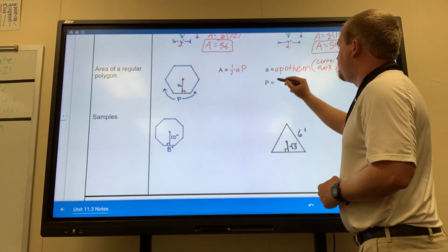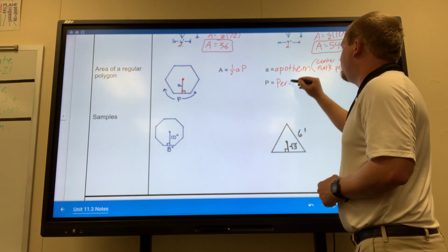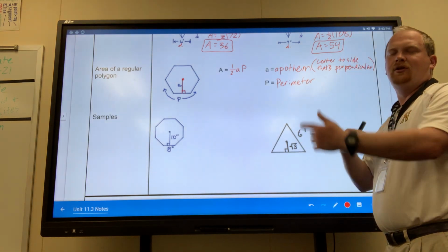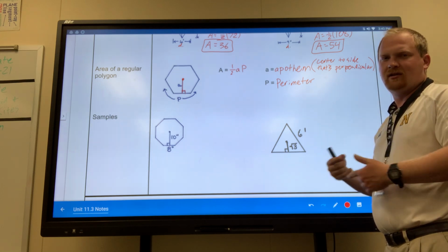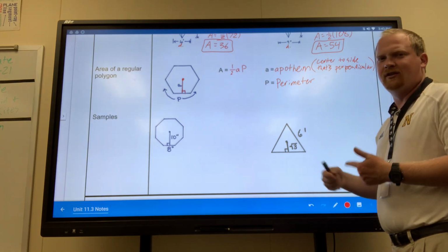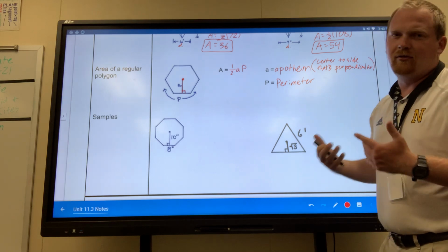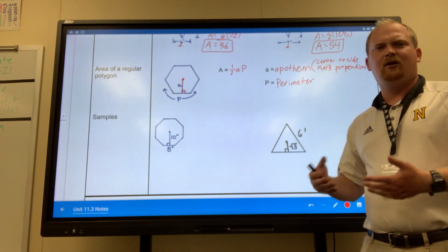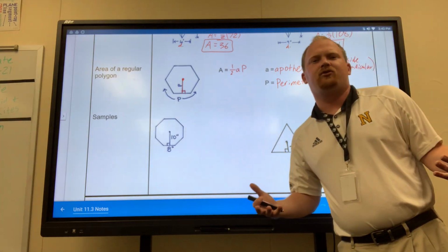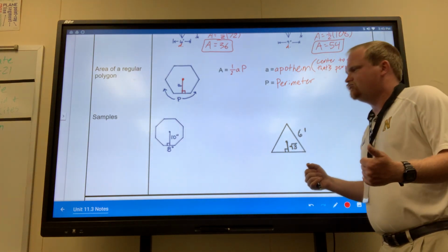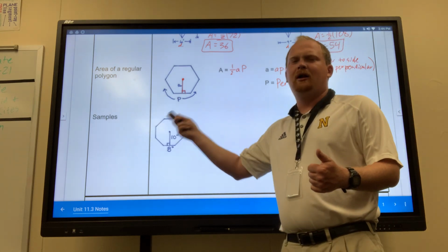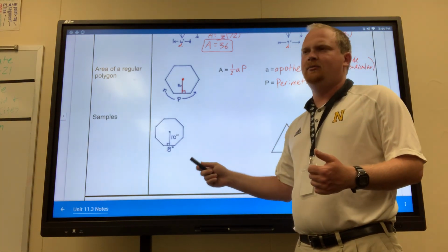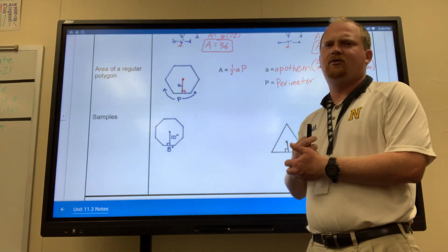Now, P is just simply our perimeter. And we know perimeter as in add up all the lengths, just add all the lengths together, okay? So however many lengths you have, or whatever the lengths are, you just add them up. That's what perimeter is. But since it's a regular polygon, I just have to add a number so many times.